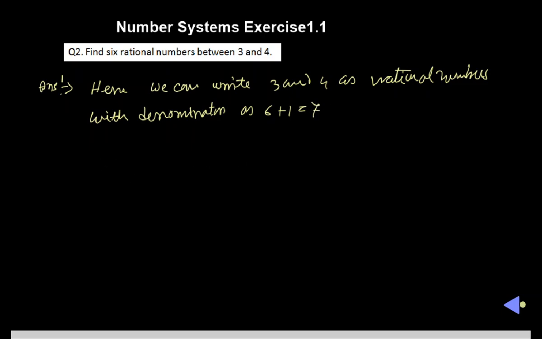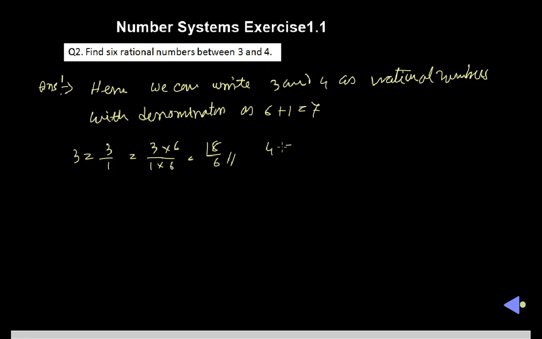So the first value 3 can be written in the form of a rational number. That means 3 equals actually 3 upon 1, 3 by 1. So if we multiply both numerator and denominator by 6, it becomes 18 by 6. That is the first number. We have to find out the next number.